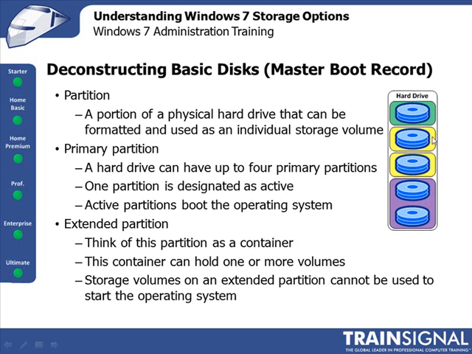So in this case, any of these 3 partitions as primary partitions could be used to start the operating system as long as you installed Windows 7 to one of these partitions. However, these 2 volumes in this extended partition are persona non grata as far as booting the operating system goes. You are not able to boot the operating system from either of these volumes because they exist in an extended partition.